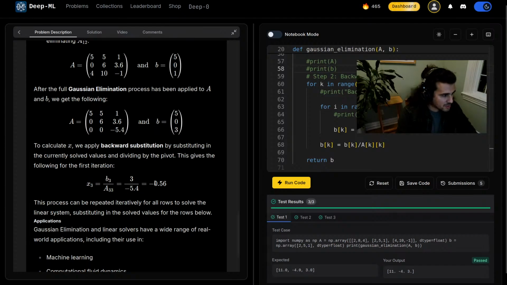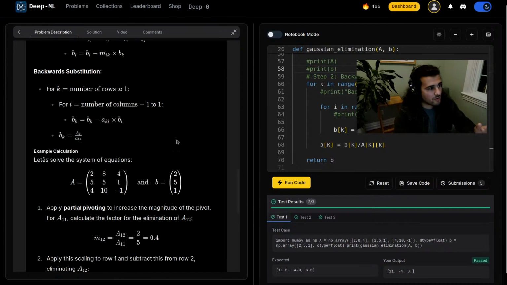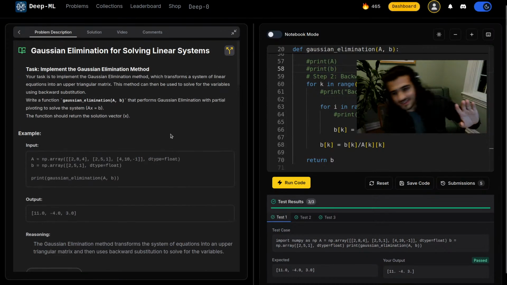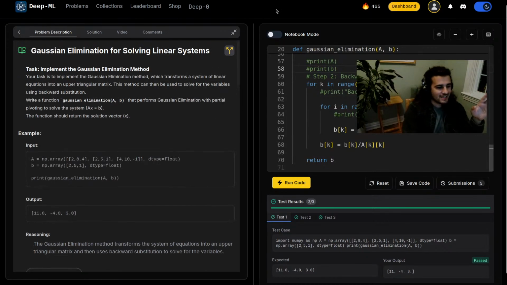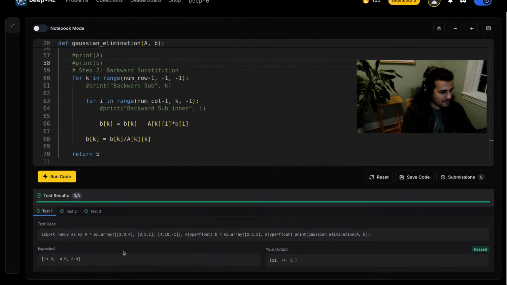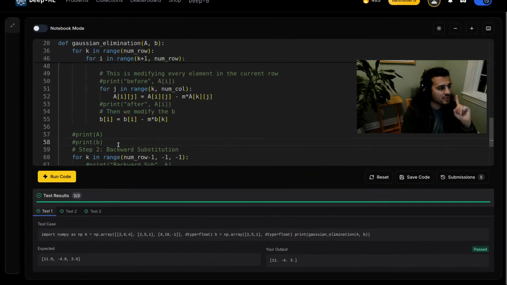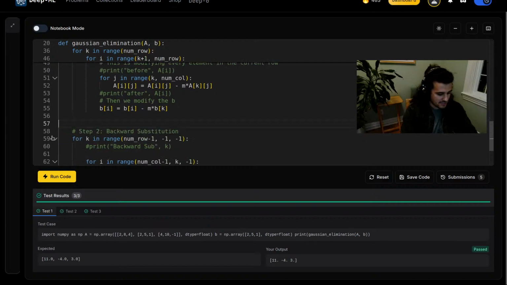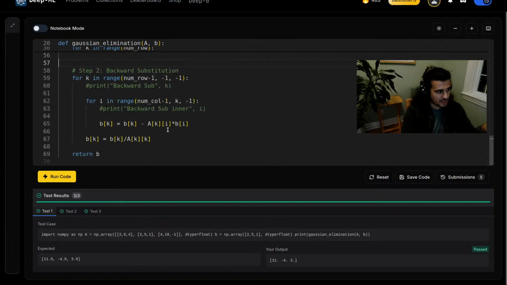This example is actually wrong. This is not the right thing. Here it should end at -3, right? So there's a slight typo over there. It's fine because when you look at the actual implementation, the backward substitution that I did was flawless, perfect.